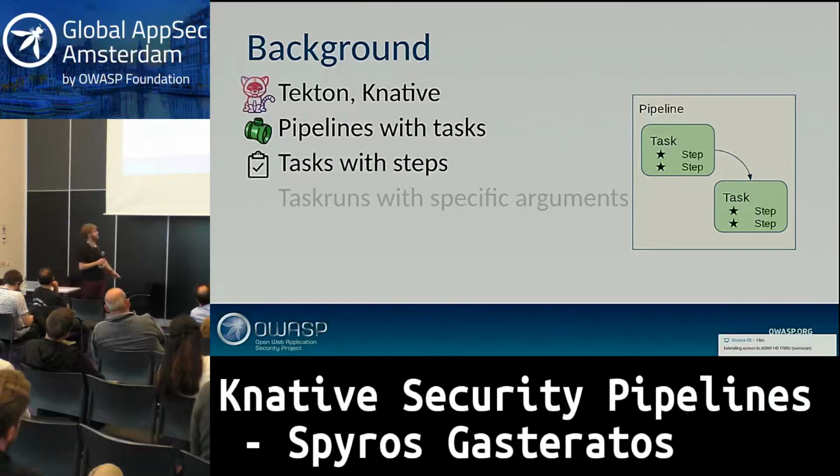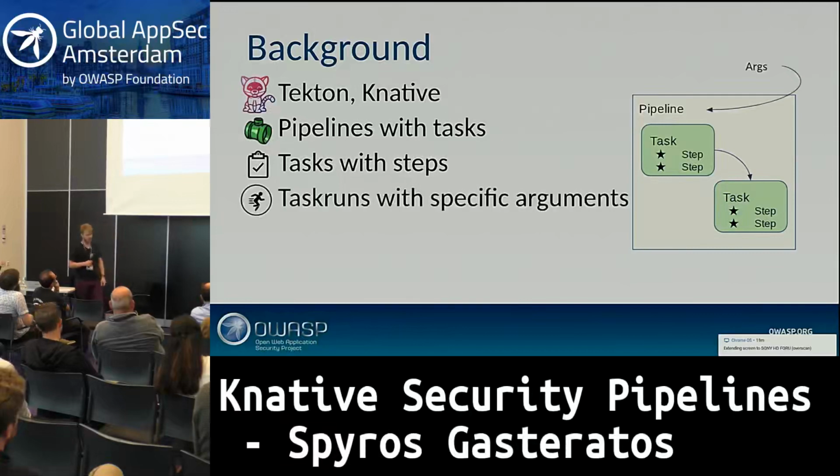And then each task has steps, like Docker build, and Docker push, and then build Kubernetes config, and then deploy or apply. Yep, and then you can also pass arguments, and the arguments might be which Git repository you want to build from, or which parameters you want to pass to, in our case, Bandit as a producer in the pipeline.